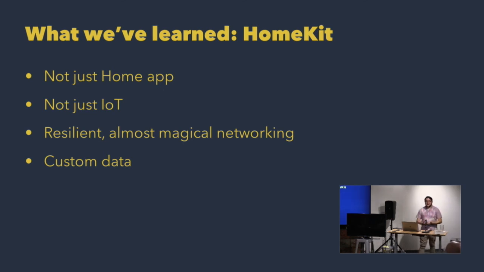This is actually a technology that's meant to stick around. It's made to make the hard stuff about having these things talk to each other, whether it's over Bluetooth or Wi-Fi, secure or not secure, it's there to make it resilient, right? And like the example I gave earlier, it's not just the data types that Apple defines. You can define your own data types, build your own apps, right? That then communicate this custom data while still holding on to all the benefits of HomeKit, right? Security, all that stuff.